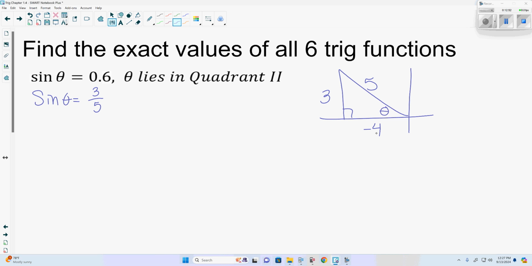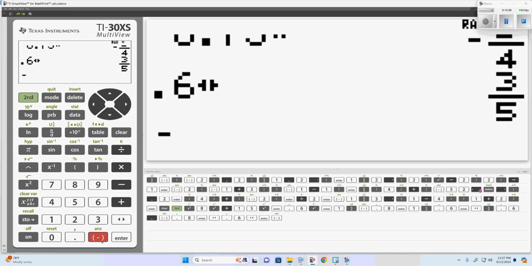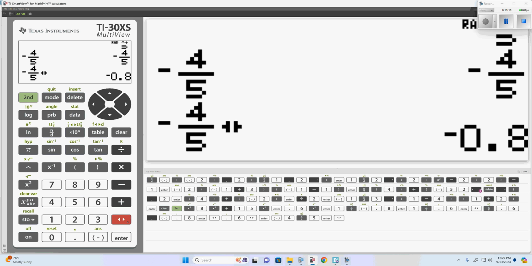Okay, let's see how that helps. Cosine of theta. Looking at the triangle, adjacent side would be negative 4. Hypotenuse would be 5. Negative 4/5 is negative 0.8, which is exactly what we got.